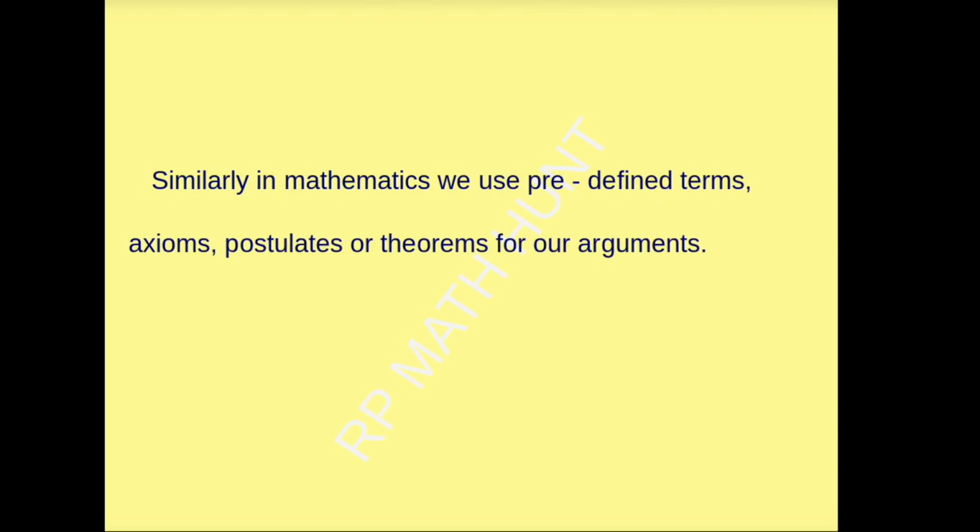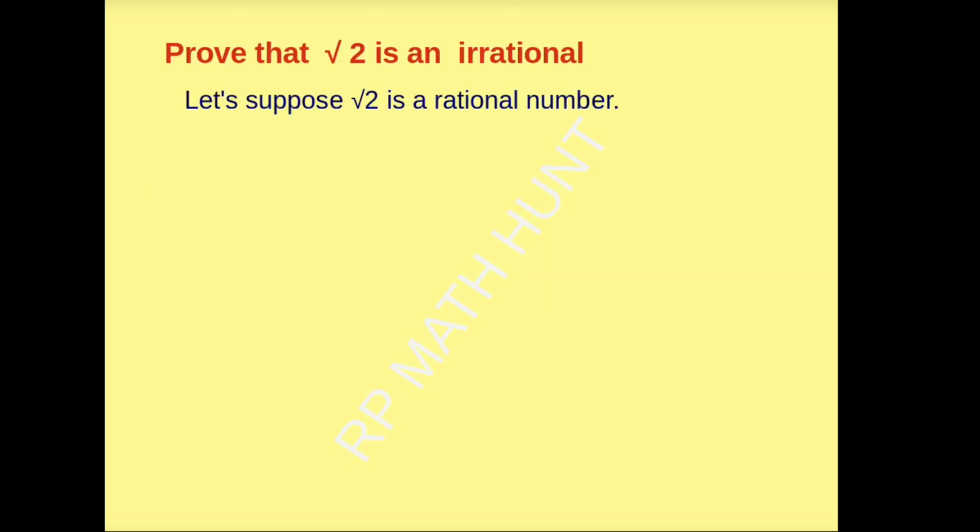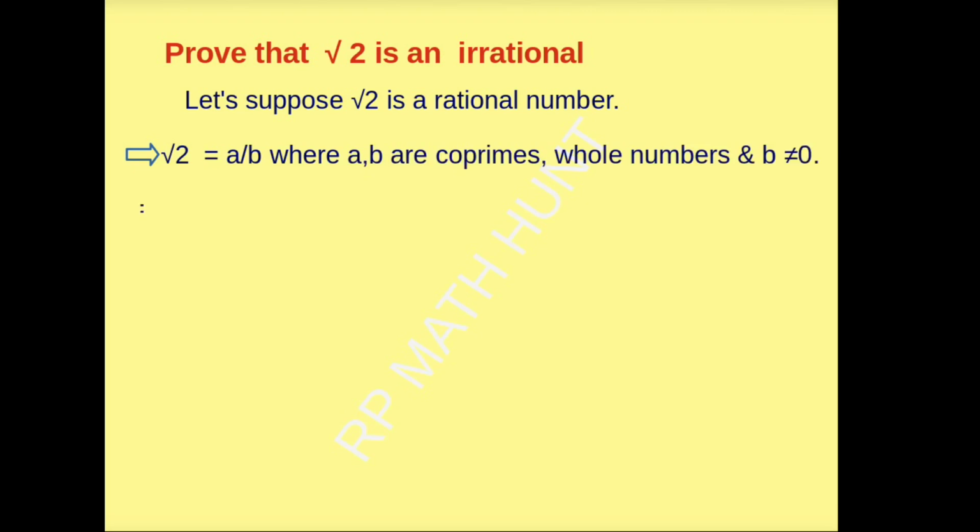Prove that root 2 is an irrational number. Let us suppose root 2 is a rational number. This implies root 2 is equal to a by b, where a, b are co-primes, whole numbers, and b is not equal to 0. That is, 2 is equal to a square by b square, by squaring on both sides, or a square is equal to 2b square. So a is 2 times some other whole number.